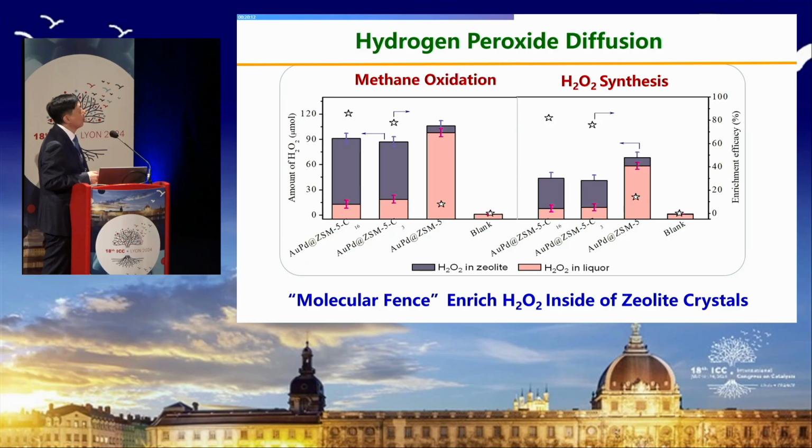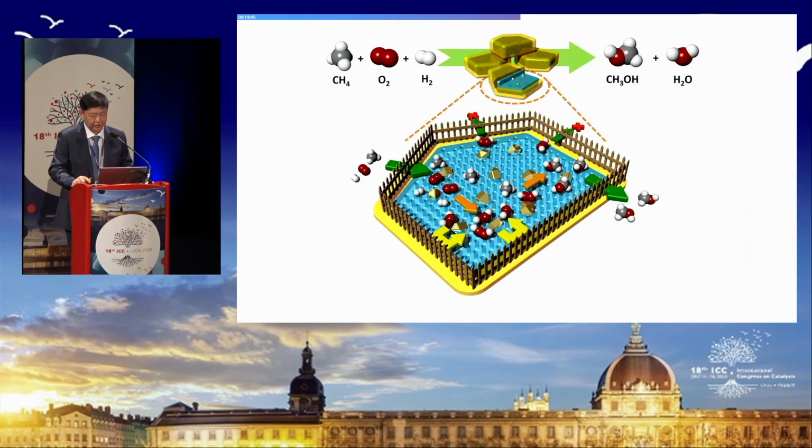Without molecular fins, all the hydrogen peroxide is in the liquid phase. But with molecular fins, a large amount of hydrogen peroxide is inside the zeolite crystal. For methane oxidation, we get a similar thing: molecular fins enrich hydrogen peroxide inside the zeolite crystal.